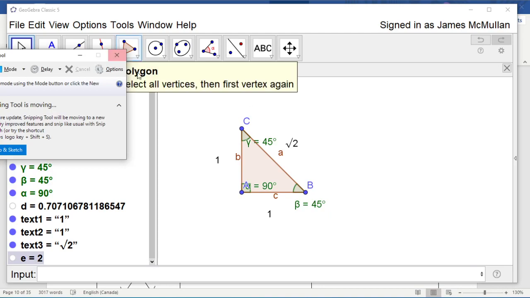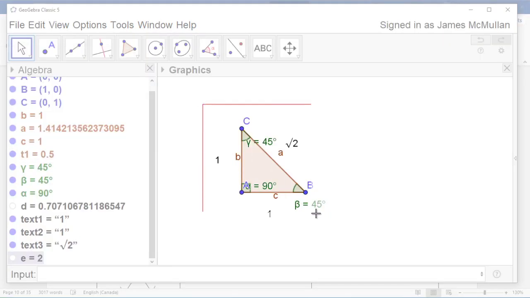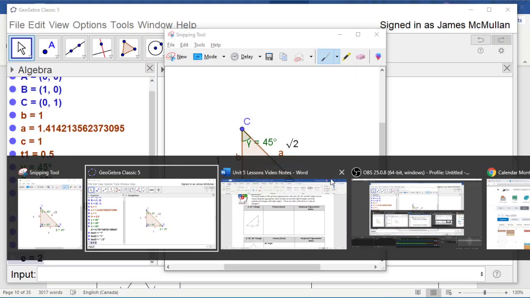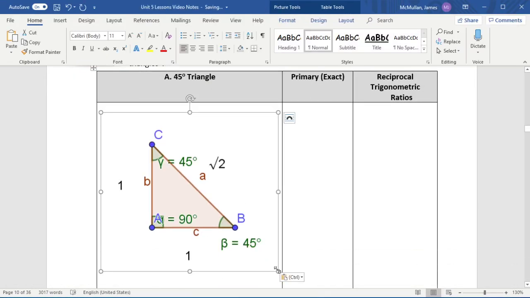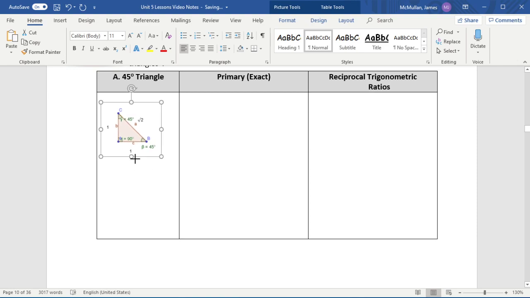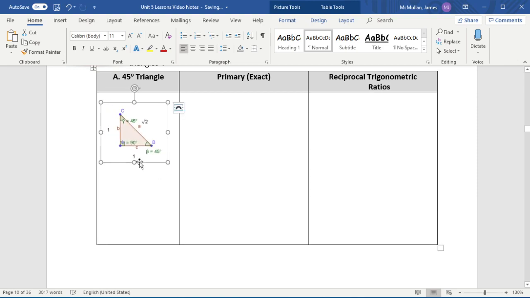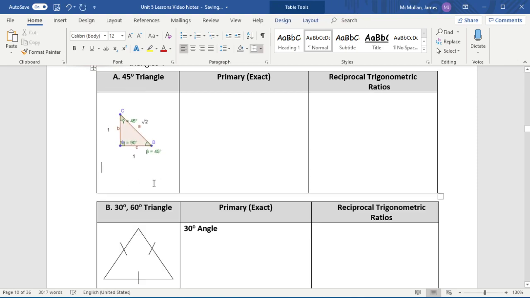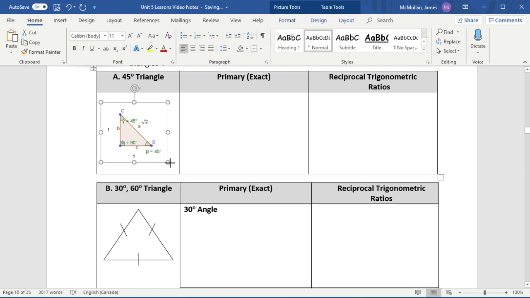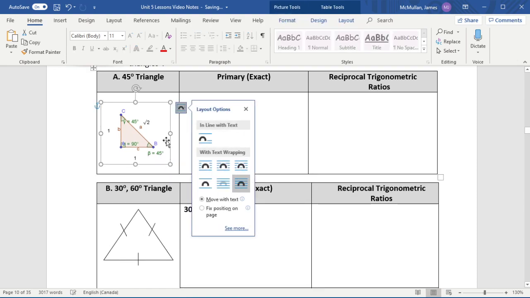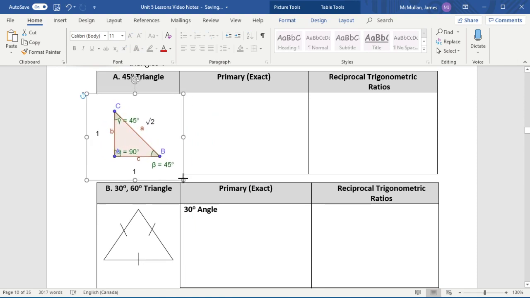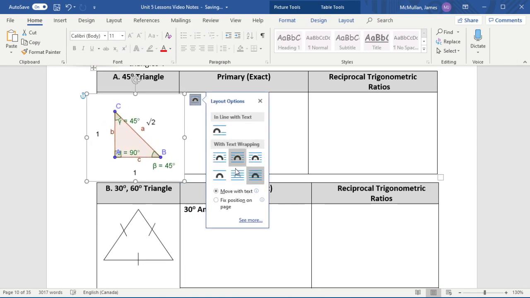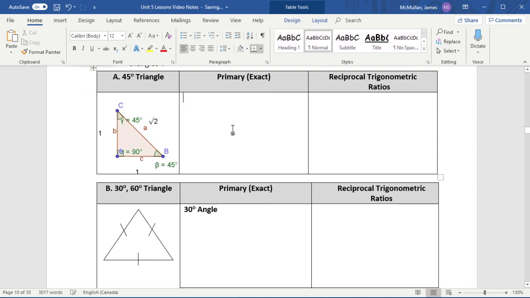So let's write this down. 1 to 1 to root 2 is the ratio that this is going to have. And this means that if you look from the perspective of one of the 45-degree angles, let's look from the angle beta.